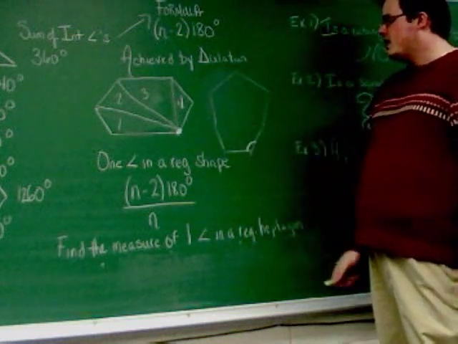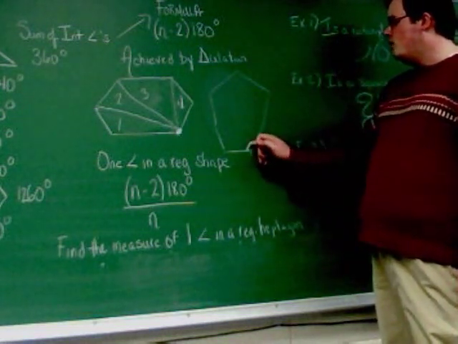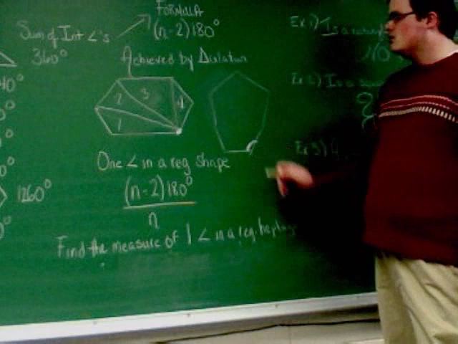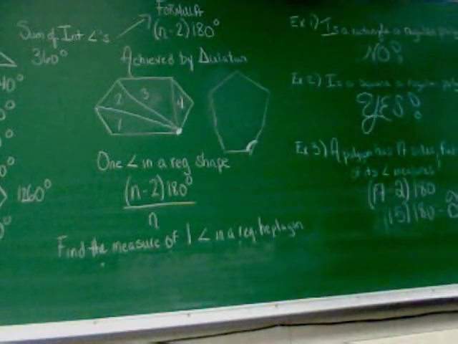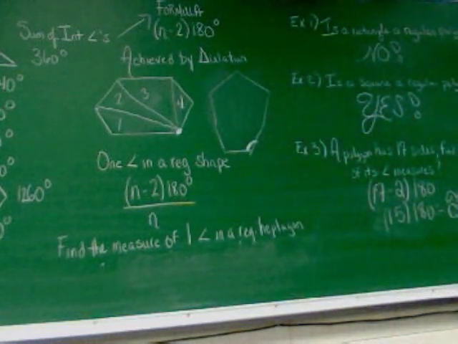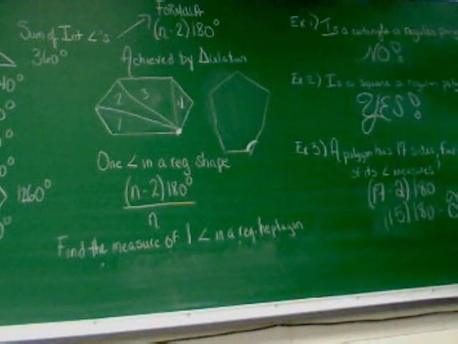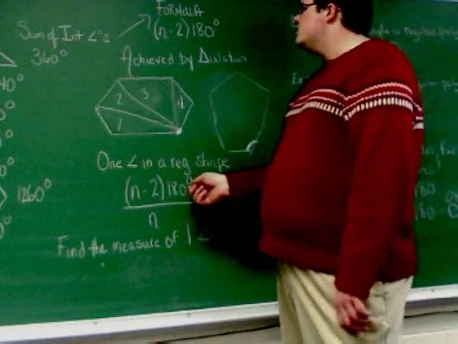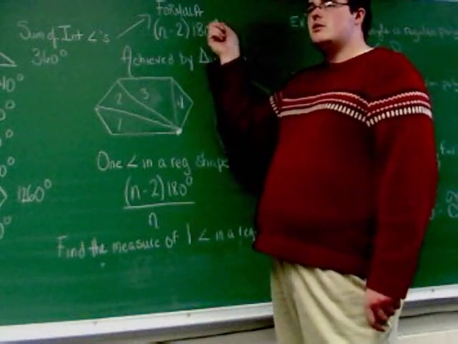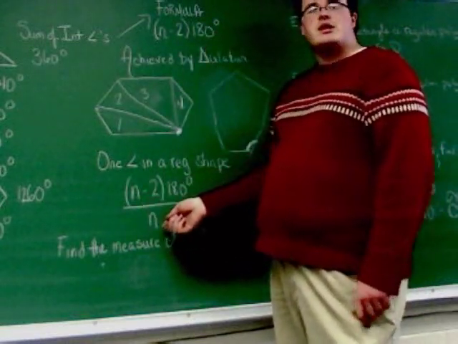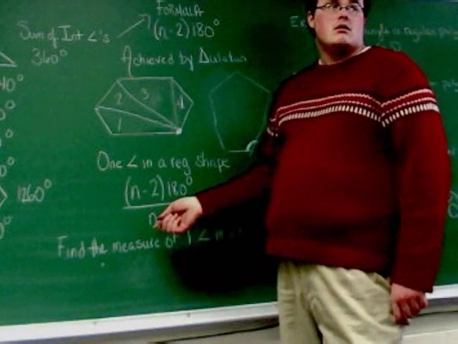So, here's my heptagon. I'm trying to find the measure of one angle, so just this one angle. As you can see, there's also a formula to do that. It's very similar to the one you've already gotten. Notice it starts with n minus 2 times 180, so the same formula here. But after you do it, you just have to divide by n.